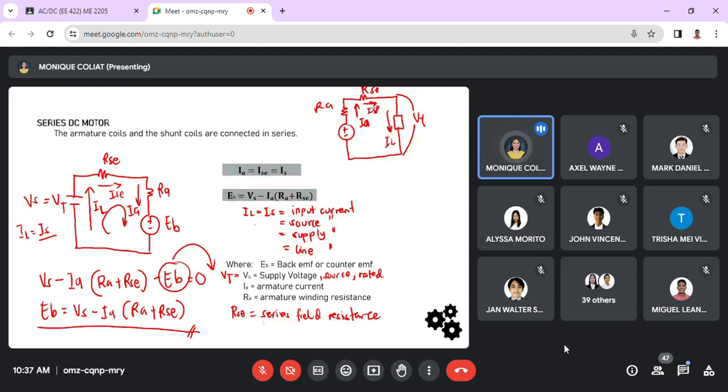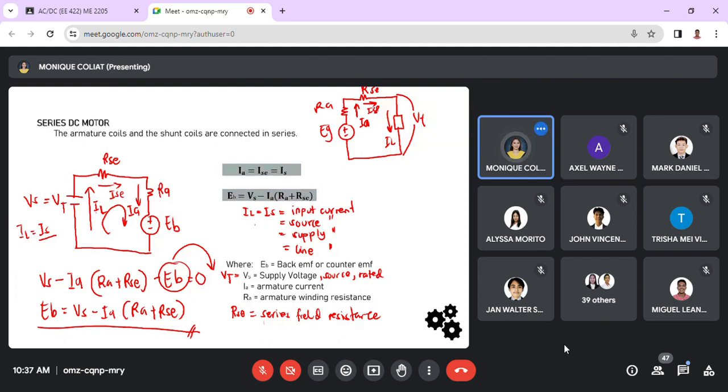Then we have here EG. Baliktarin nyo lang yan. Then, we will get here the VT, or yung ating source voltage. Then we have the RSE, RA, and EB. So, pagka nasa motor na, hindi na siya generated voltage, siya ay back EMF na or back voltage or counter EMF or counter voltage. Okay?